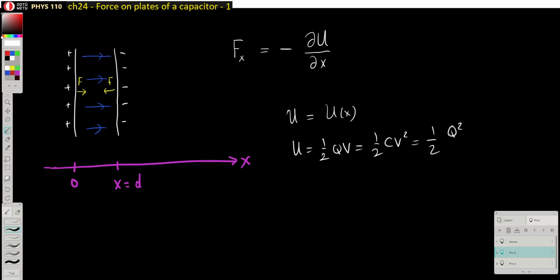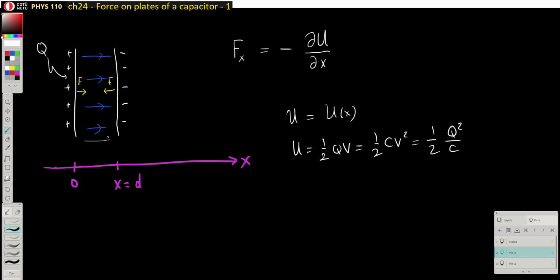I can use either one of them. Any one of them would be okay because they are all equal to each other. However, in our problem, there's this constraint in here. I have just charged the plates with a certain charge Q, and I'll be looking at a situation where I'm changing the distance, the separation between the plates.